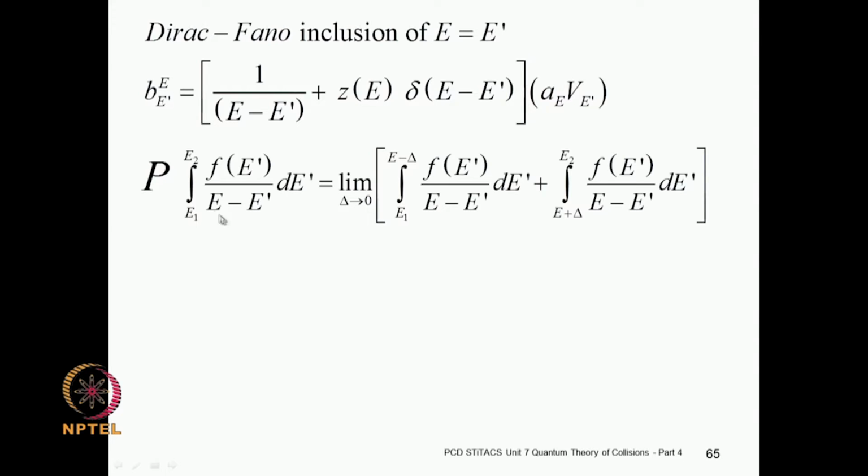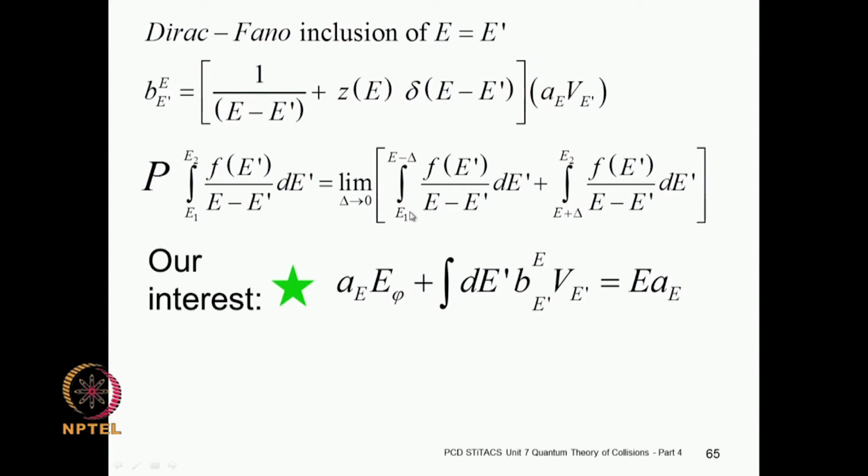So, here we have the principal value integral defined, and our interest is in this relation here, which we have identified as a green star, and over here this integral will be replaced by the principal value integral.